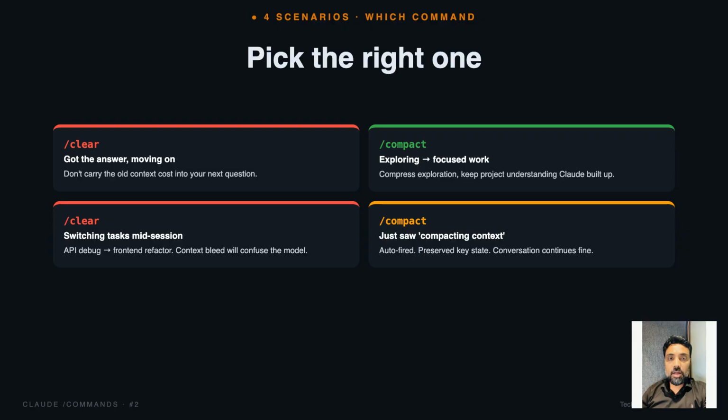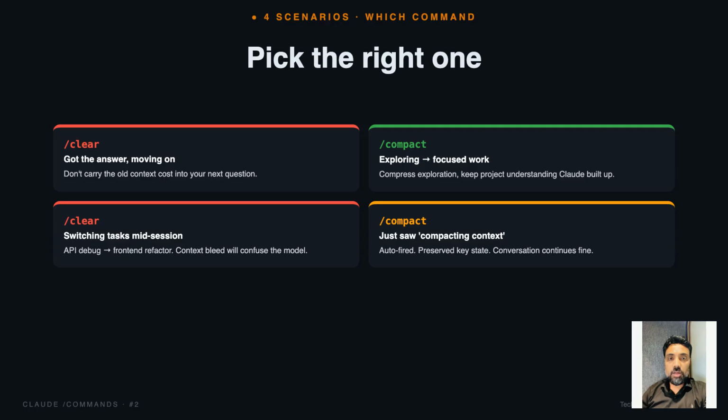Don't panic. The auto-compaction preserved key state. Your conversation continues. If you need to recover specific detail that was compacted away, you can either ask Claude to recall it, might be in the summary, or repaste the specific information you need.